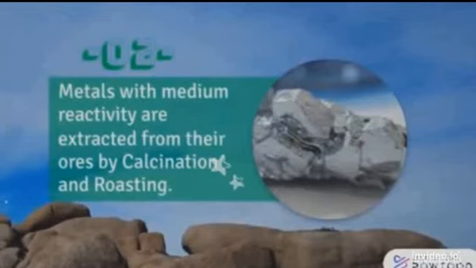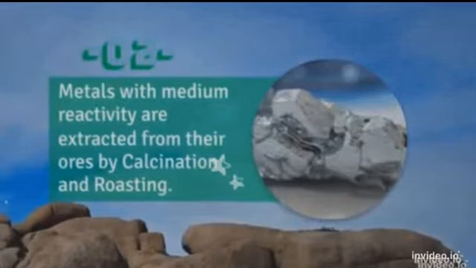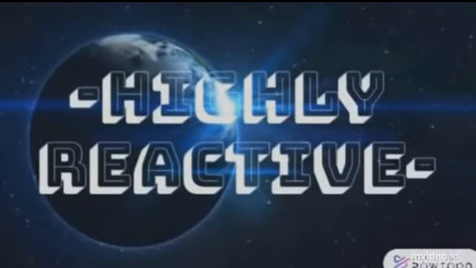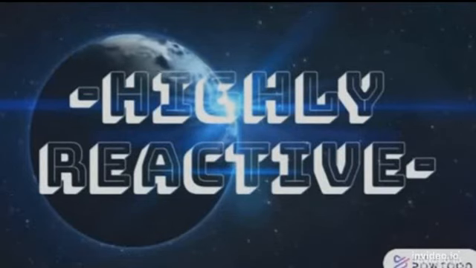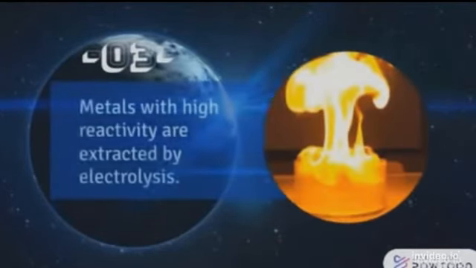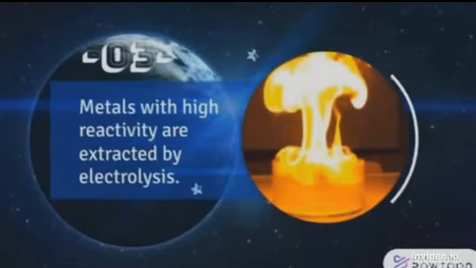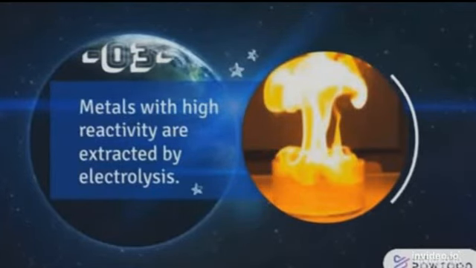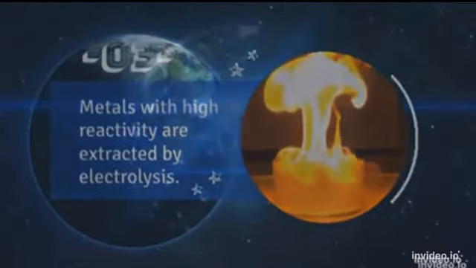The first one is roasting, which occurs in the presence of air or oxygen, and the second one is calcination, which occurs in absence of oxygen. Now at the last we have metals which are highly reactive. Now these metals are extracted from their ores with the help of electrolysis, which we will study in upcoming chapters.